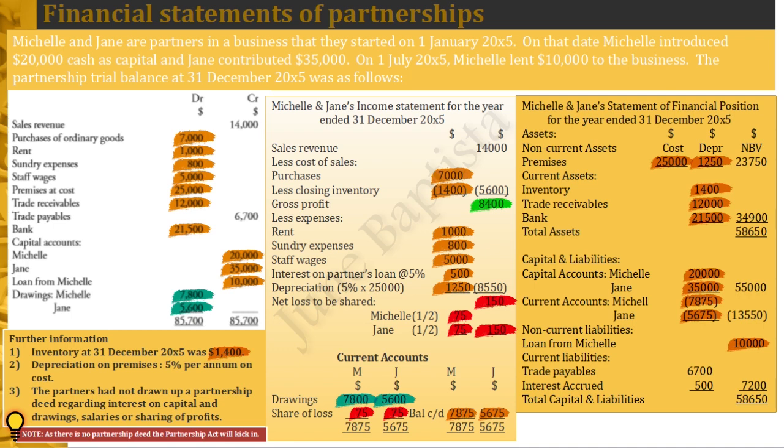Current liabilities, trade payables $6,700. Interest accrued $500, which is the interest on Michelle's loan, to give us a total capital and liabilities of $58,650. Note: always draw up the current accounts before drawing up a statement of financial position for partnerships in order to work out the closing balances on partners' current accounts.